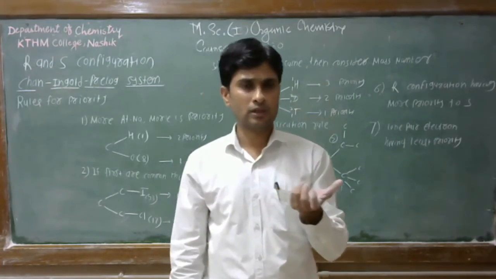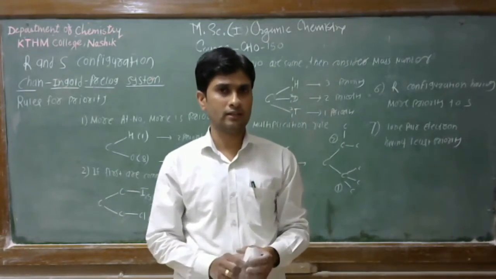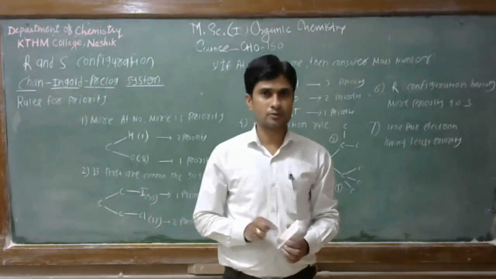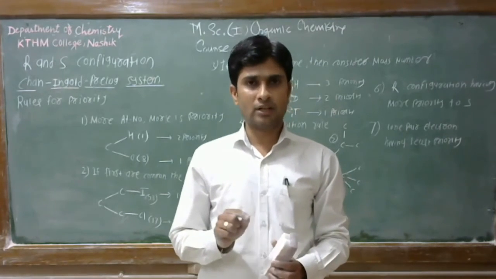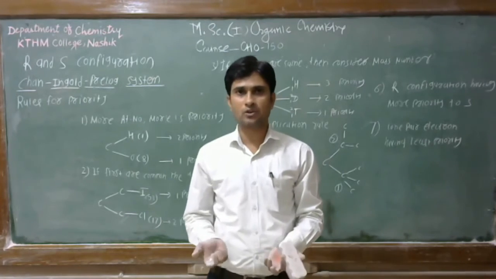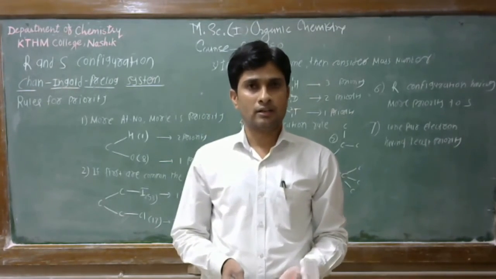The least priority group should be away from the observer, and then we go in decreasing order of priority, that is from 1 to 2 and 2 to 3. If the sequence is clockwise, then it is the R configuration, and if the sequence is anti-clockwise, then it is the S configuration.